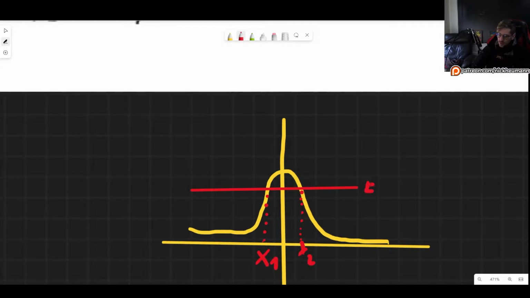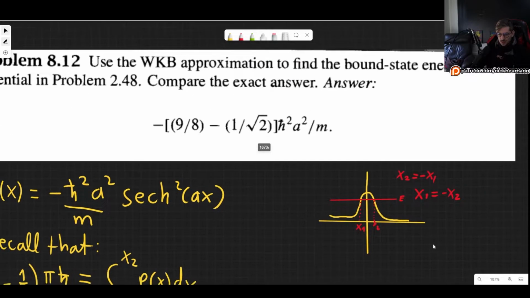Those are the values when the energy is the same as the potential. And since we are in a symmetric situation, the absolute values of x2 and x1 are the same. So basically, x2 is equal to minus x1, or the other way around, x1 is equal to minus x2. So that is something that we should note.